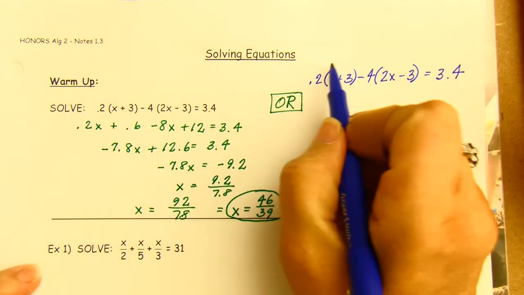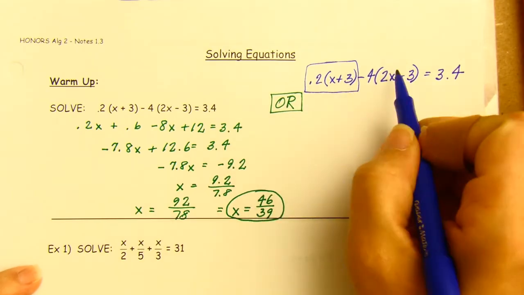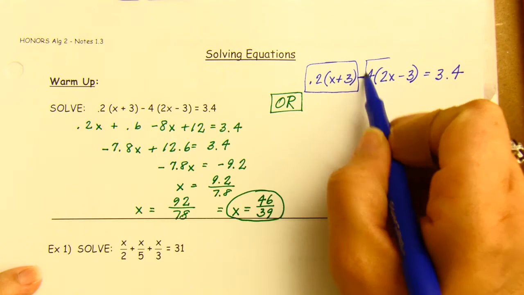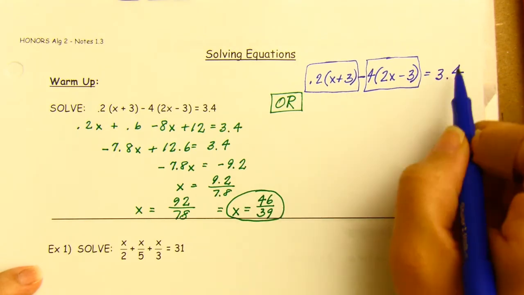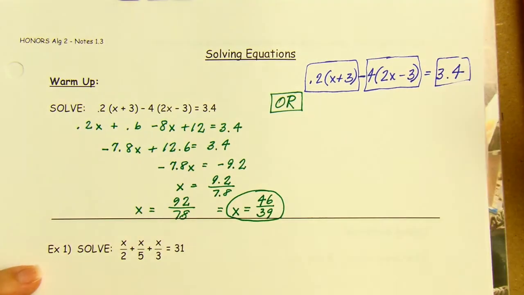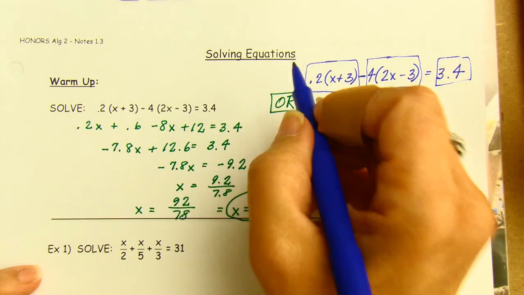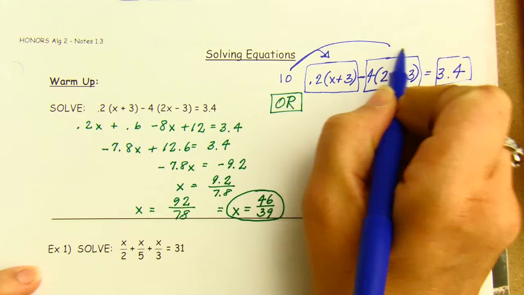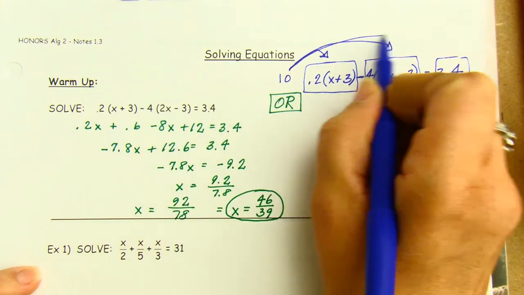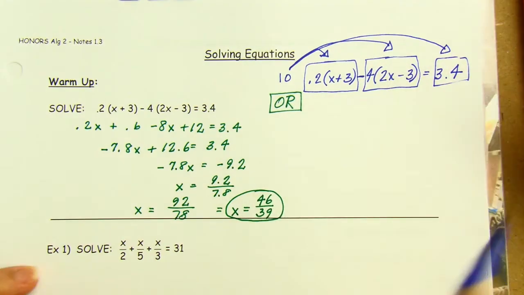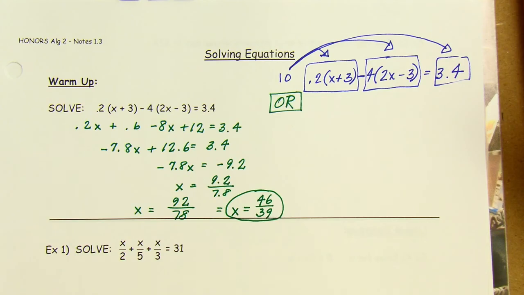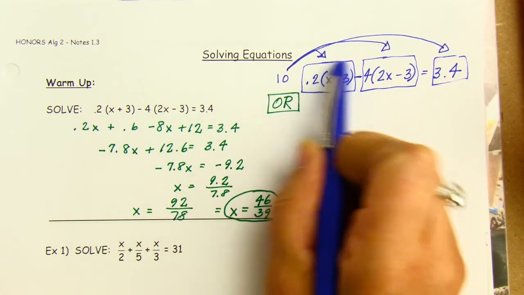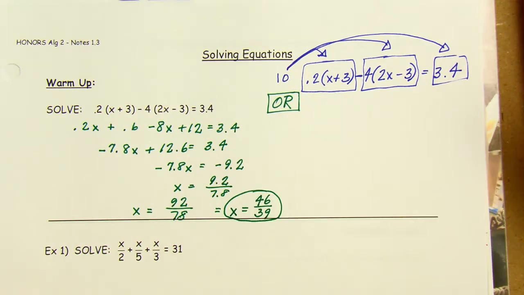I've got this term, and then of course this is a negative sign, so I'll just box this up so you can see the terms, that term and this term. And I'm going to take 10 and multiply through to all 3 of these terms. Now remember, and it's important to know, that you can't multiply the 10 with the 0.2 and the x and the 3. This is one term. You just multiply it just one time.